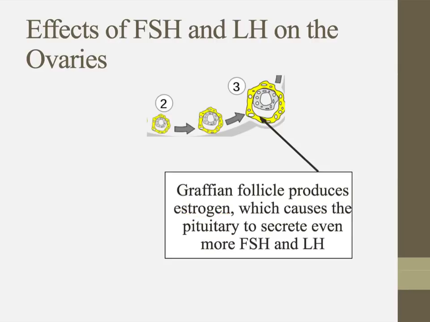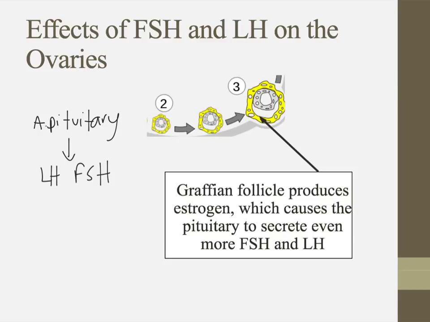So we just talked about this a couple minutes ago. Somewhere over here, the anterior pituitary is secreting LH and FSH. This LH and FSH causes the follicle to develop.